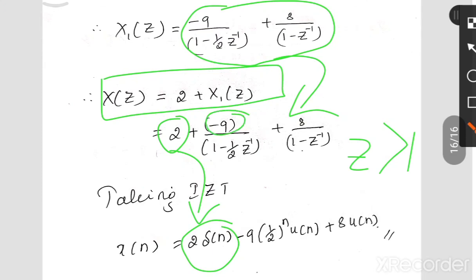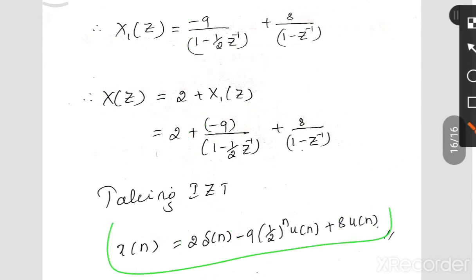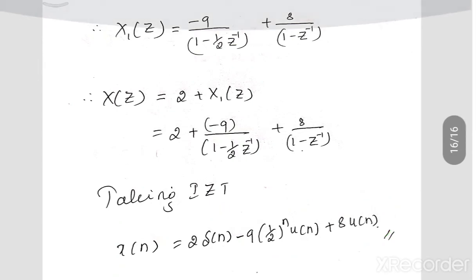So here minus 9 into 1 divided by 1 minus 1 by 2 into z raised to minus 1, it is nothing but 1 by 2 raised to n into u of n, plus 8 is a constant term, keep as it is. This is 1 divided by 1 minus z raised to minus 1, whose inverse is u of n. Therefore x of n is 2 delta of n minus 9 into 1 by 2 raised to n u of n plus 8 u of n.